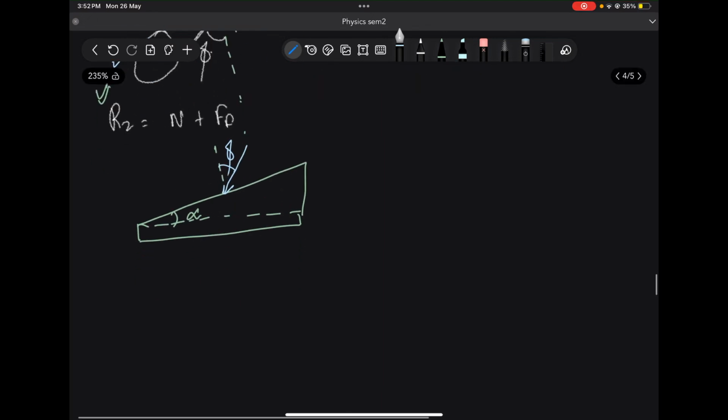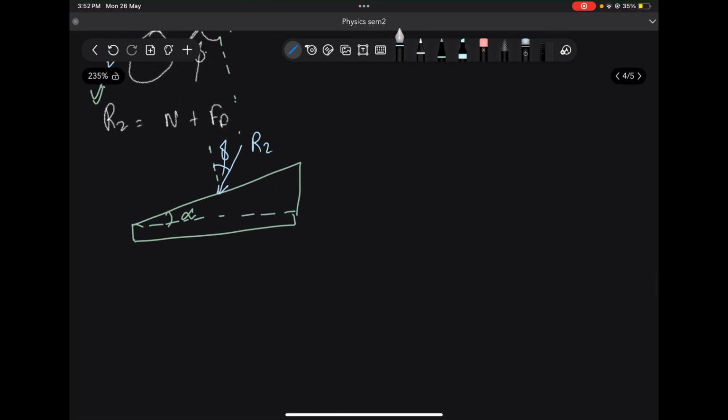And in the same way, if this is R2, this block will have some normal force from the ground which is perpendicular. But since this surface also has friction, we can take R1 also at the same angle phi, which is the angle of friction.